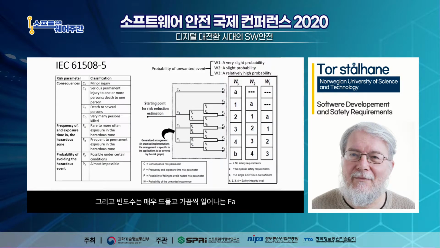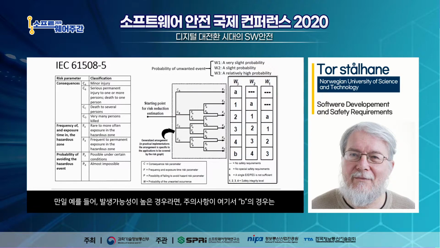So let's assume that we have serious permanent injury, CB, and we have rare to more often exposure, FA, and we have probability to avoid is possible, okay, that's PA, and we say that this is a slight probability. Oops, that gives us A, saying, well, no special safety considerations are needed.